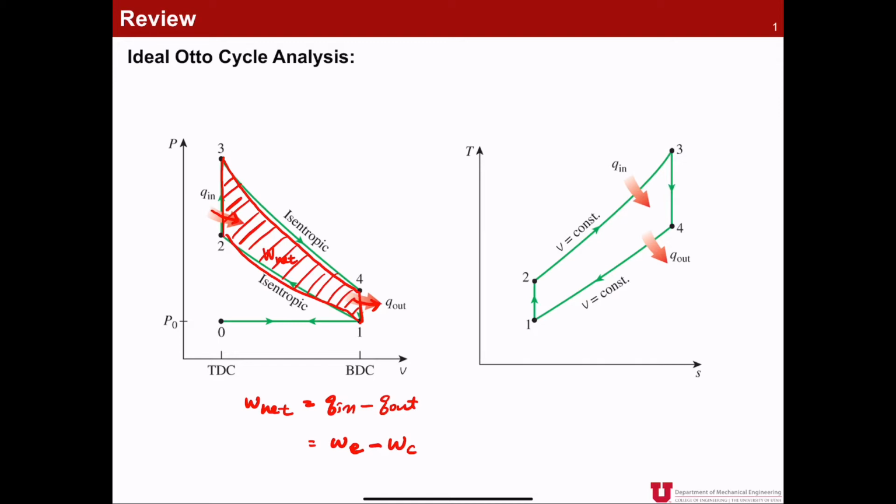We also can draw the TS diagram for the ideal Otto cycle, as you see on the right side. After we calculate the net work, we also can calculate thermal efficiency, which is defined as W net divided by Q in. That is what we learned in the last lecture.